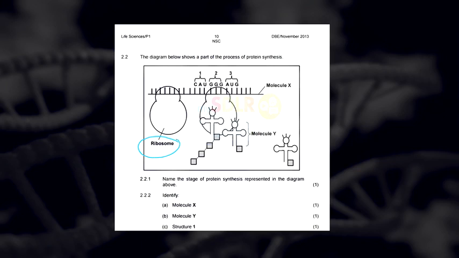The question asks, name the stage of protein synthesis represented in the diagram. To answer this question obviously, I can see ribosomes, so the answer to that is cytoplasm. So if it's cytoplasm, then translation.